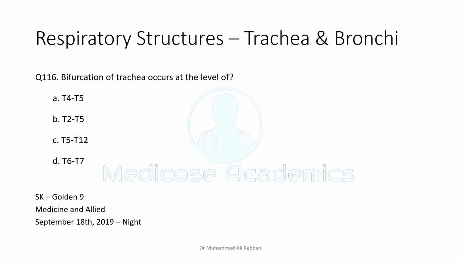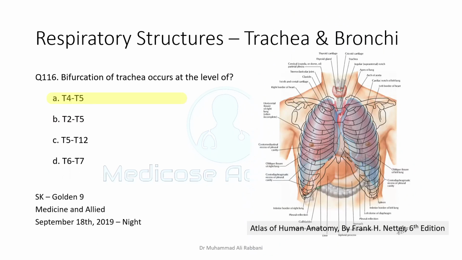Bifurcation of the trachea occurs at the level of T4 and T5. I'm going to focus on it again: open a book and make a list of all the structures that are passing at the level of T4 and T5. Immediately I can remember there is bifurcation of trachea, the terminal part of ascending aorta, the start and end of arch of aorta, the level of ligamentum arteriosum, the level of origination of recurrent laryngeal nerves, the start of descending aorta, and the level where thoracic duct reaches the left margin of the esophagus.